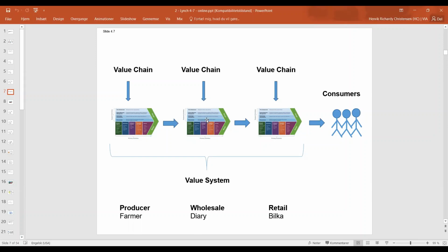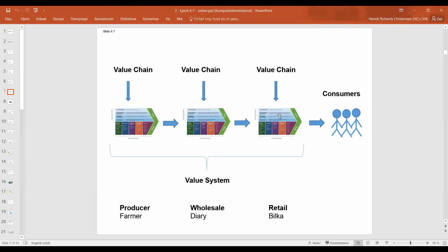And that product produced at that dairy is then moved on to the retail level. It could be Bilka, one of the larger chains in Denmark. And Bilka also has their own value chain. And in the end, we out here, as consumers, buy products at Bilka.